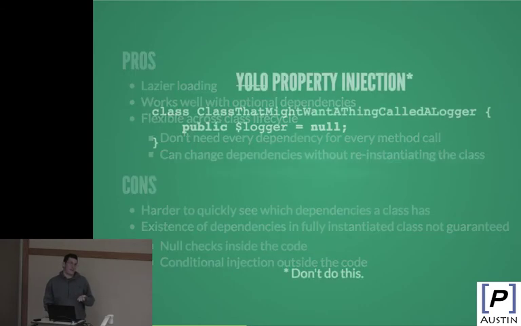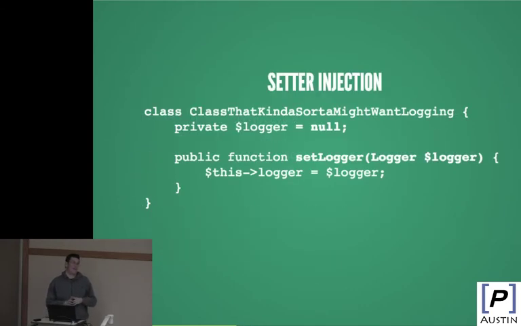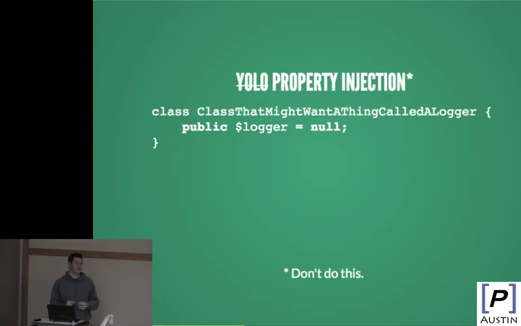another kind of riff on that setter injection side of things is property injection, where you just directly set a public property on a class to whatever the dependency is. And then you wonder why you set your database property to something that really shouldn't be there, because PHP does not have property type checking built in.